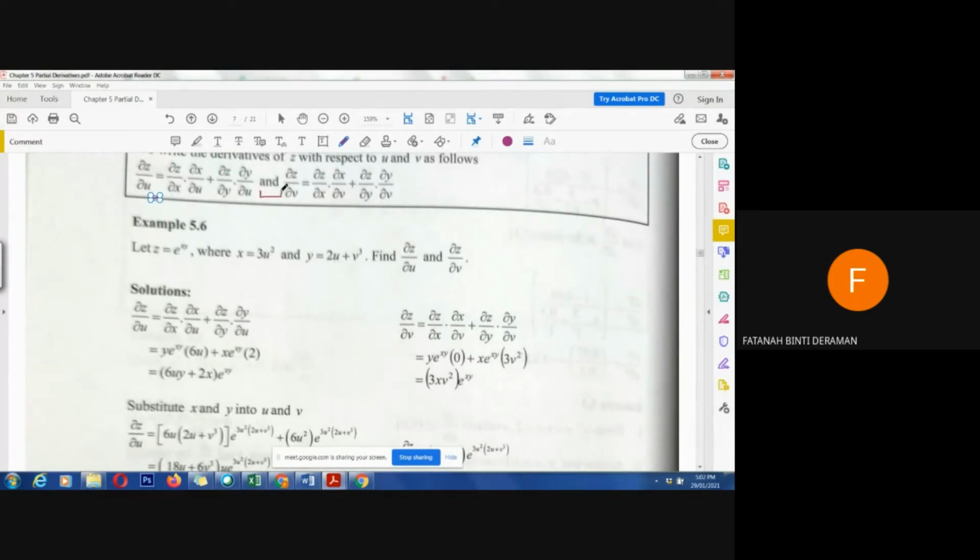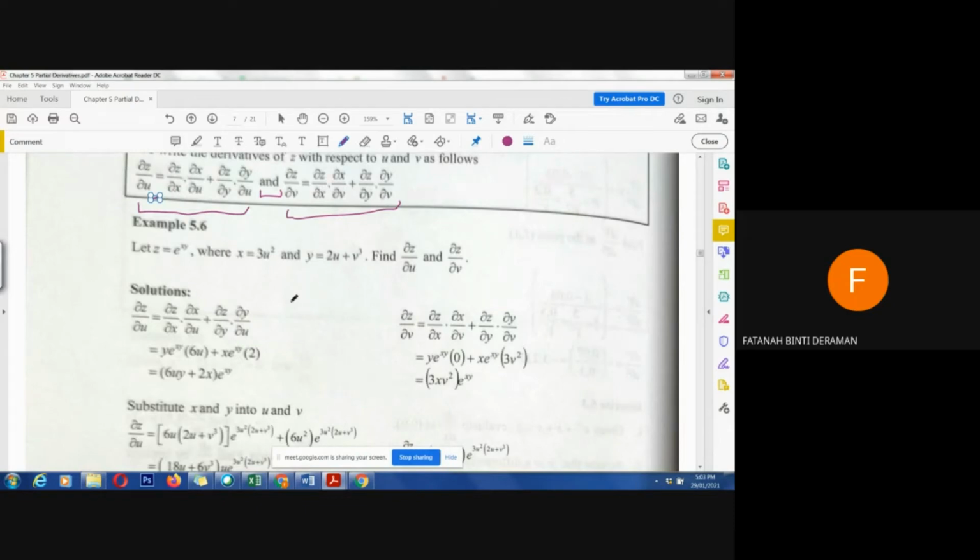Because of this, we need to make both operations complete. If we do not do these two operations, we do not consider everything. If we put all together, dz differentiated with respect to u and dz with respect to v, this is complete to differentiate the partial derivative for z.